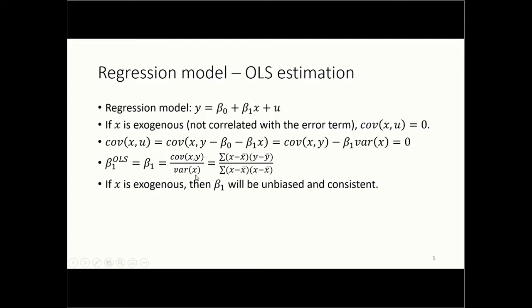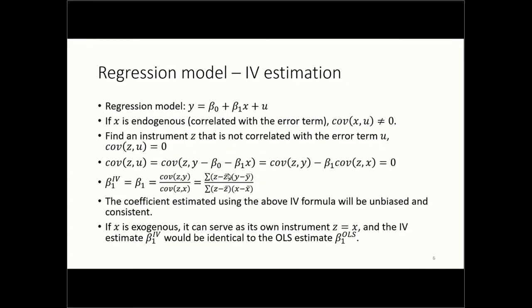That's the formula for the variance of x. So if x is exogenous, then the OLS estimator would work and it will be unbiased and consistent. So this is a review of how we do OLS estimation when x is exogenous.